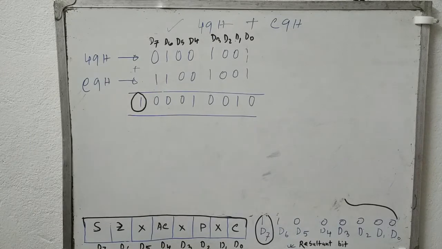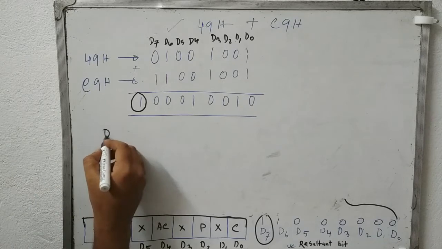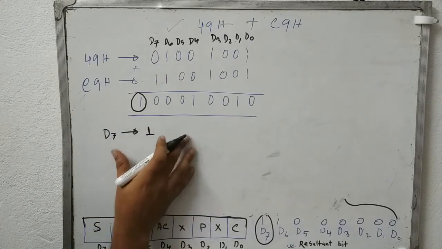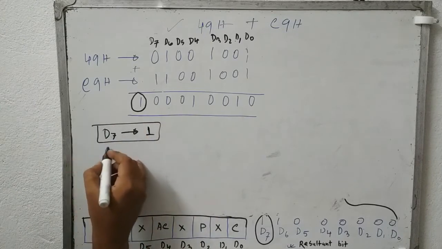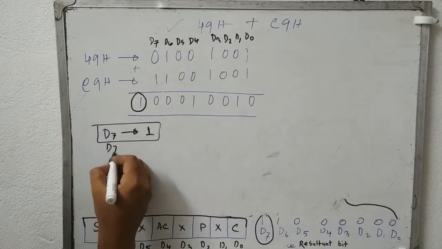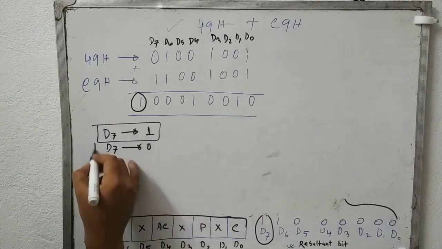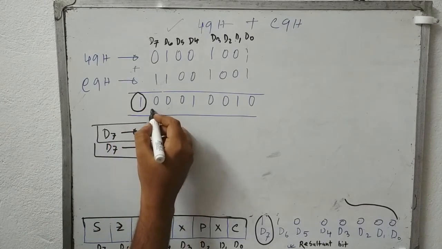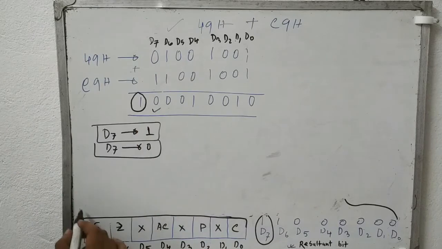So let's start from the sign flag. The sign flag will be set when D7 is 1; otherwise, if D7 is 0, the sign flag will be reset. Here D7 is 0, so the sign flag is 0.